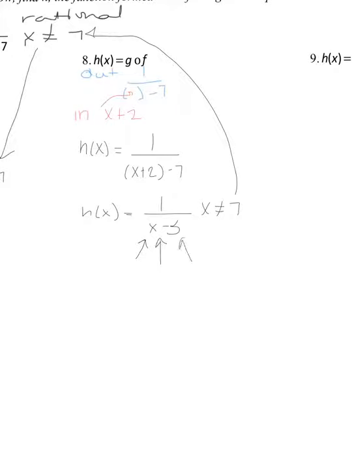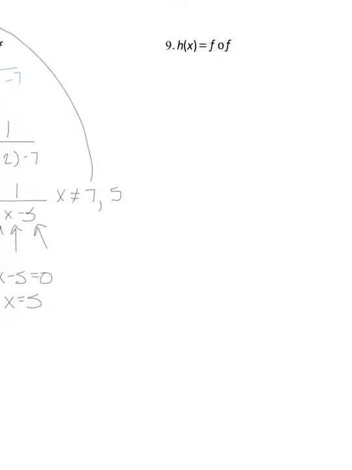And so I've got to determine what value x cannot be for that denominator. So x minus 5 is 0, which means x is 5. If I plugged in 5, I get 0 for the denominator. So I add that to my list of things x cannot be. X cannot be 7 and x cannot be 5.